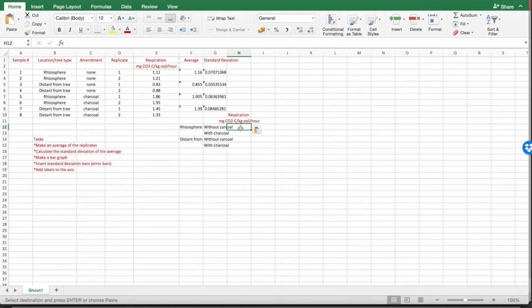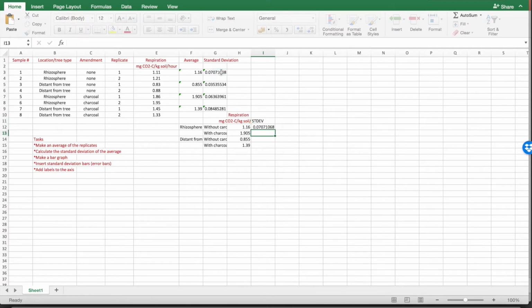So first we're gonna equal sign and copy that value from there. So just the equal and select the value you wanna copy. Equal, select, equal, select. Okay, let's copy now the standard deviation values.